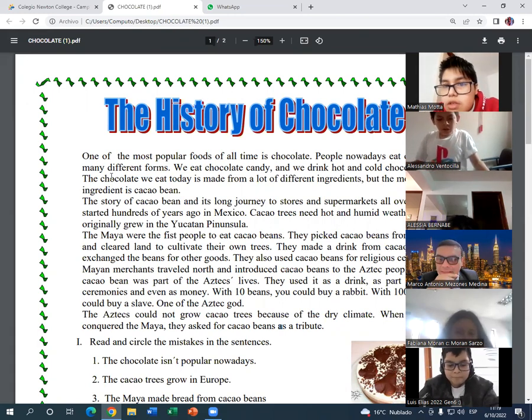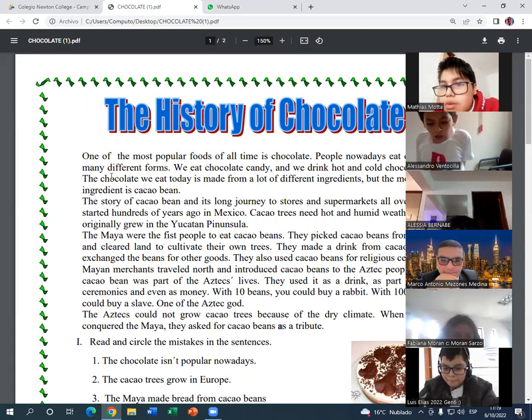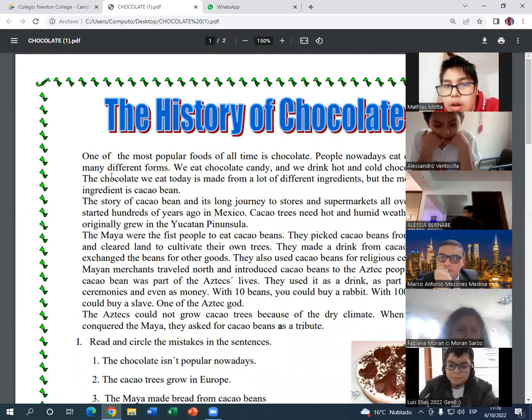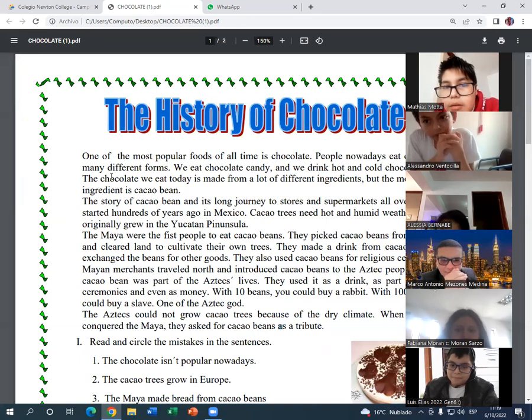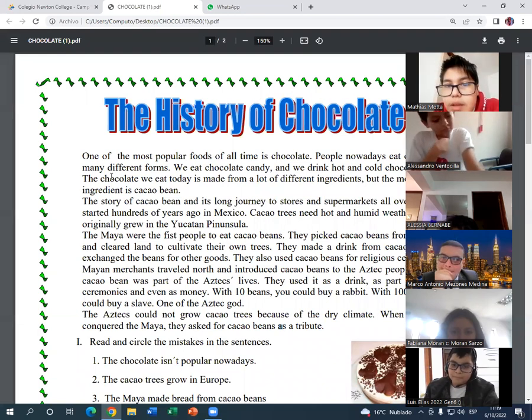Cacao trees need hot and humid weather, and they originally grew in the Yucatan Peninsula. The Maya were the first people to eat cacao beans. They picked cacao beans from wild trees and cleared land to cultivate their own trees.